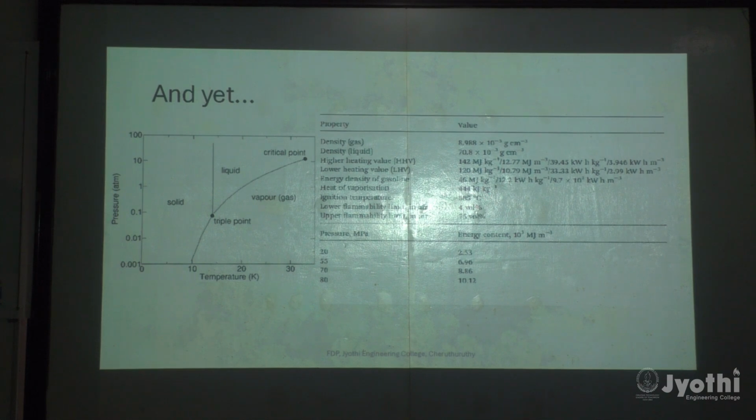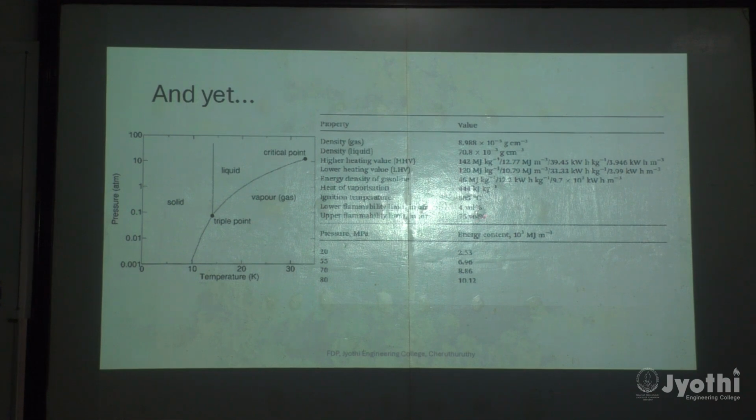But the flammability limit is quite wide, meaning if you have in a volume of air, only 4% of hydrogen is sufficient to ignite the mixture, and it can ignite up until about 75% by volume of fuel in air.